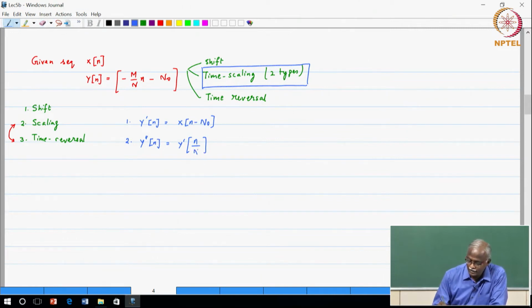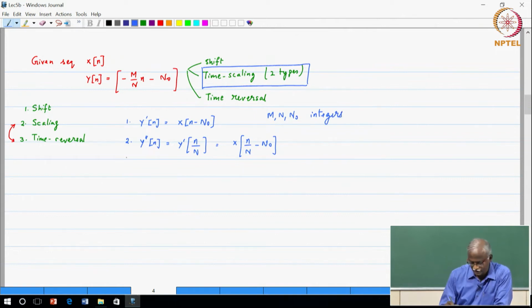Okay, so sampling rate expansion comes next, and of course you can substitute and verify that this will give you a signal which is x of n by n minus n naught. By the way, m, n and n naught are all integers. That is the assumption in terms of the basic transformations that we are looking at.